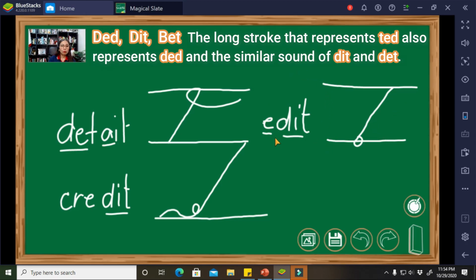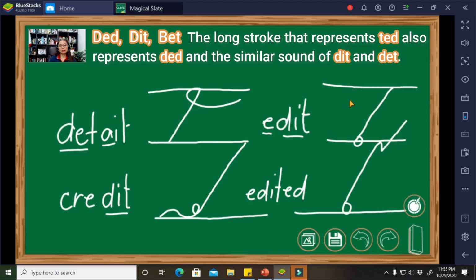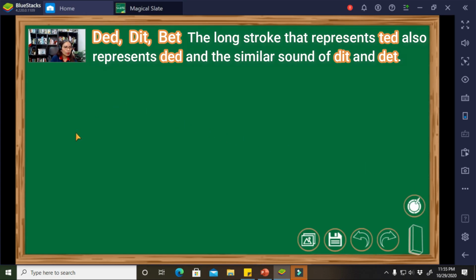Alright. What about if the word is edited? There. Edited. So we have to write E, edit, and then put a jog and another T. That is edited. Okay. So next example. We do have here creditor. Alright. Creditor.